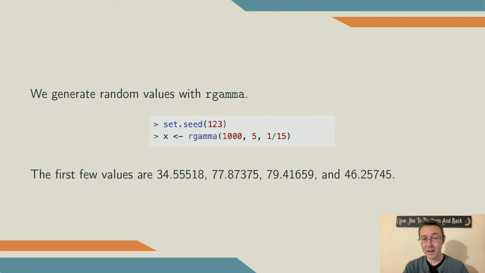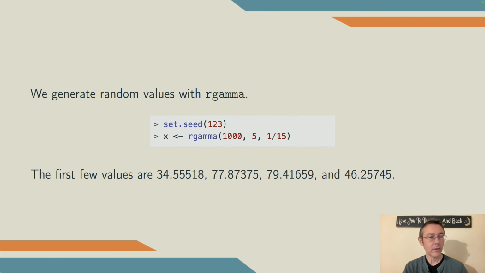To generate random values in this distribution, we use the rgamma function. We want 1,000 values, so we do rgamma(1000, 5, 1/15). Notice how the parameters are exactly the same here as in the pgamma and qgamma commands that we did a little bit ago. Same parameters, same order.